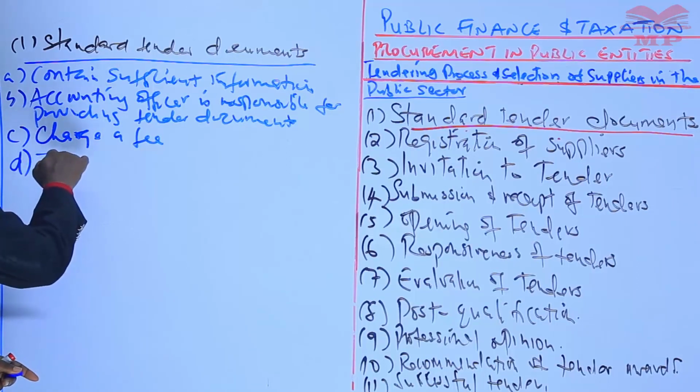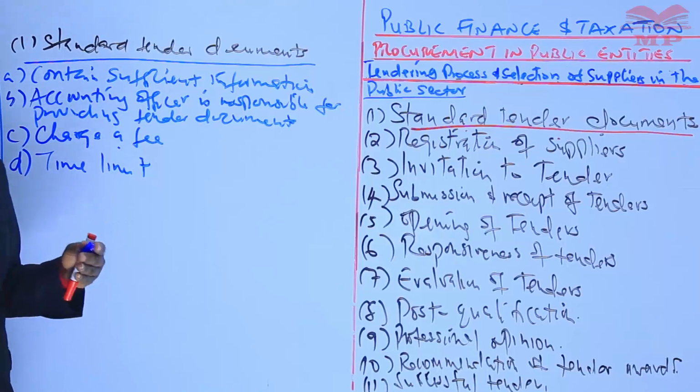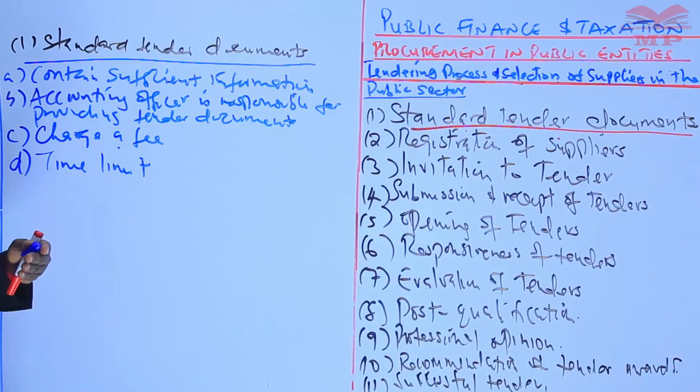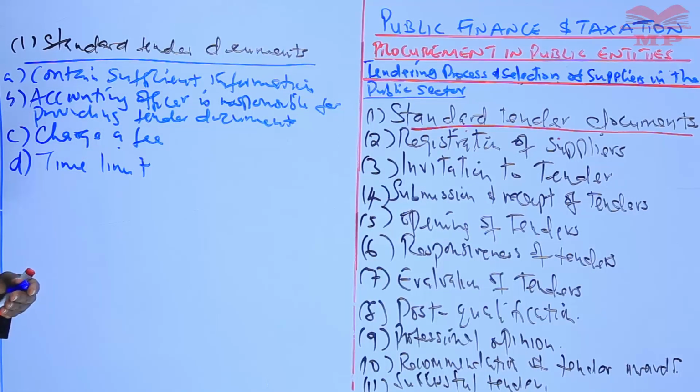The time limit. The tender documents should specify the time limits for delivery or completion.